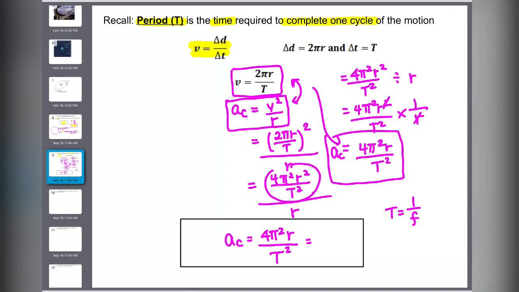So I could also have written this as 4 pi squared r, with f squared at the top instead of T squared at the bottom, because T equals the inverse of f, I can bring the f to the top.